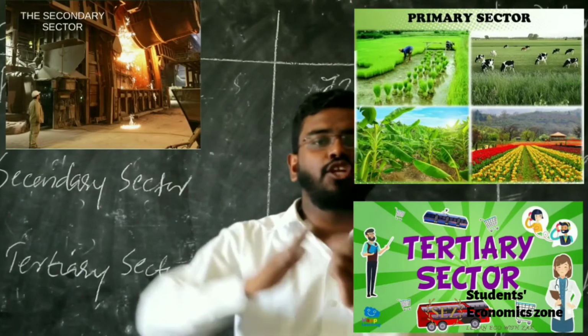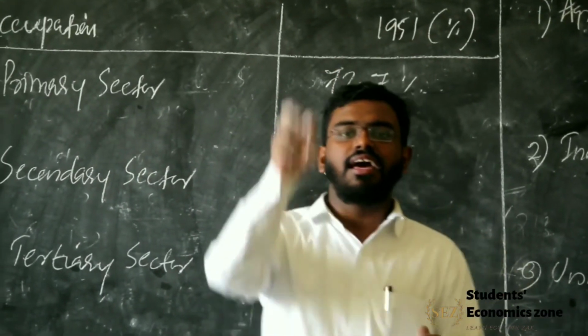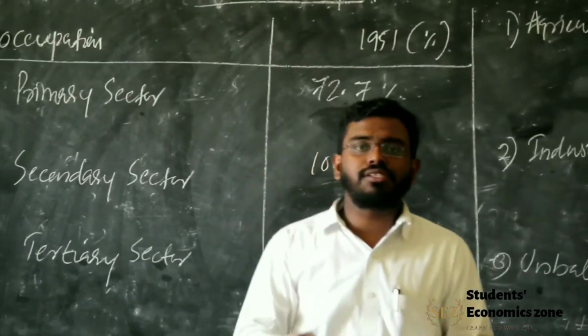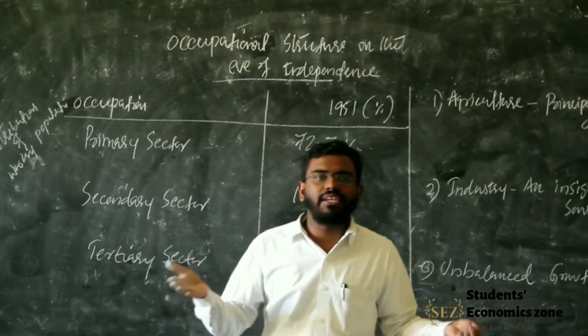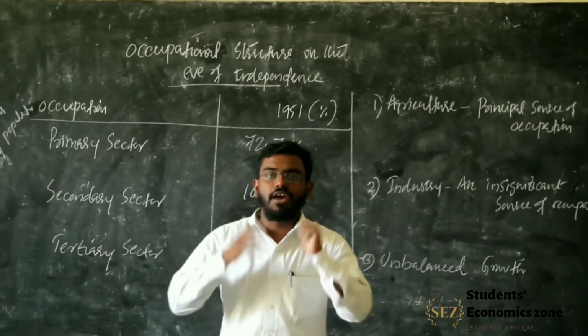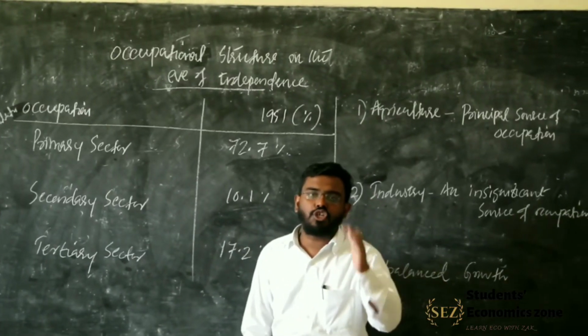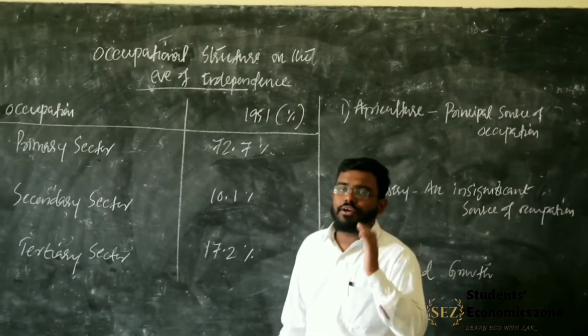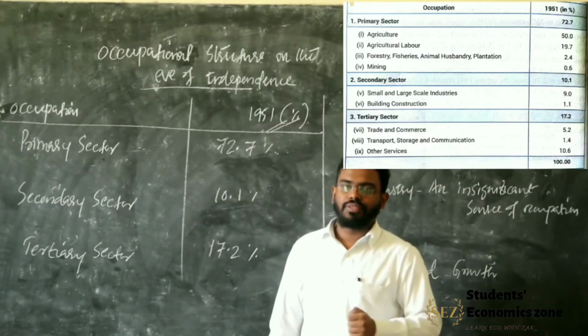The percentage of workforce engaged in each of these shows the occupational structure. We can explain the occupational structure of India at the time of independence with the help of this table, which shows the data for the year 1951.